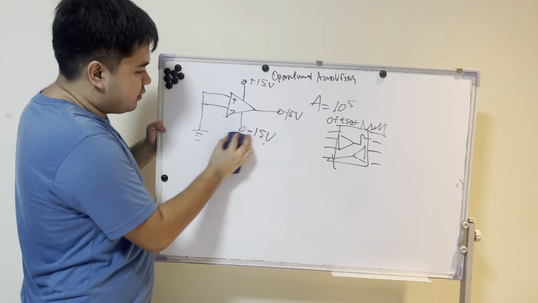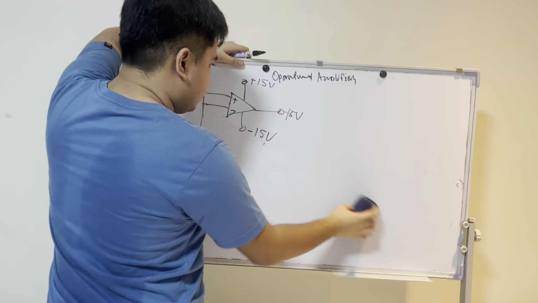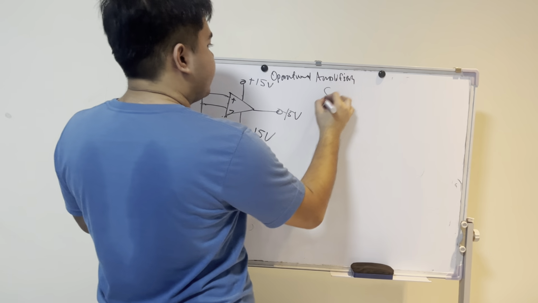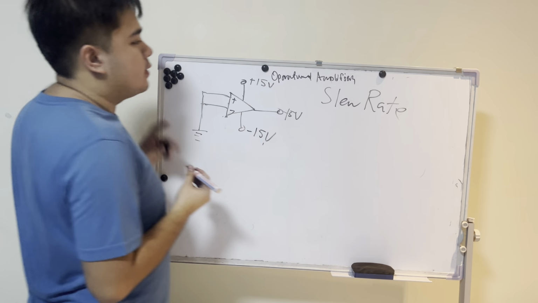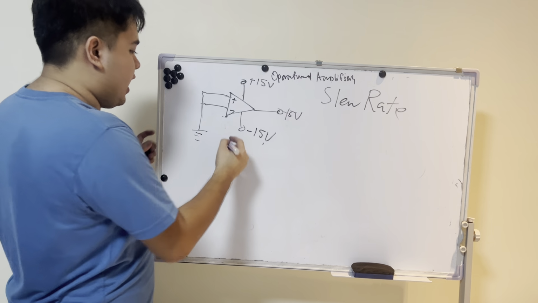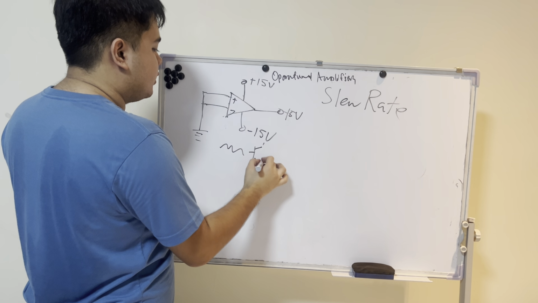And for the last topic of the day for op amps is something called the slew rate. An op amp has resistors. It also has transistors.